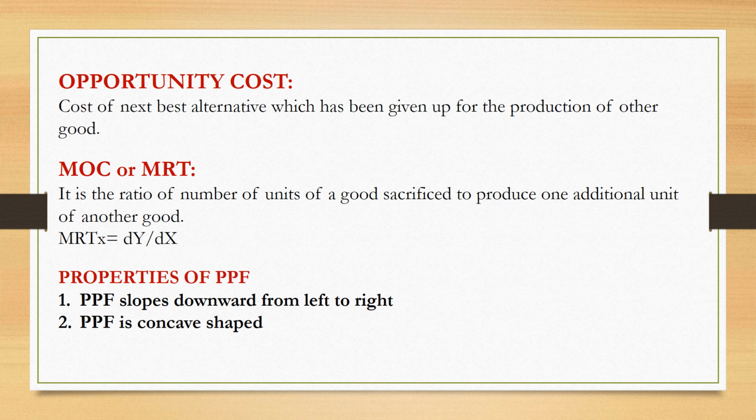Now, if you produce more rice, then you have to sacrifice the production of wheat, because the resources, that is the agricultural field, is given to you. So when you are producing more rice, part of the agricultural land is taken away from the production of wheat.